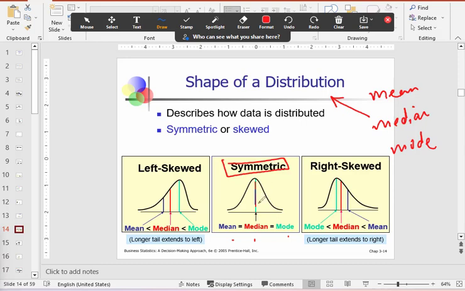Symmetric means that the shape of the data below the center line and above the center line are equal and opposite. So they are opposite to each other. If you fold this page, you will not differentiate between this side and this side.